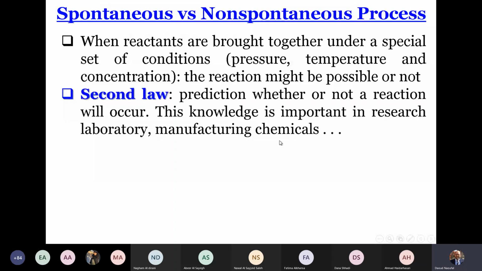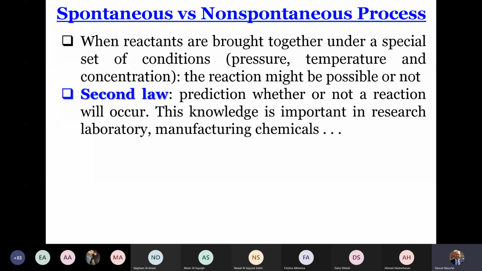Suppose we want to prepare a new medicinal drug. We don't go directly to the lab to prepare this compound. First, we have to do thermodynamic analysis in order to know if the preparation of this drug is possible. So we calculate, for example, delta S or other thermodynamic data of this reaction.